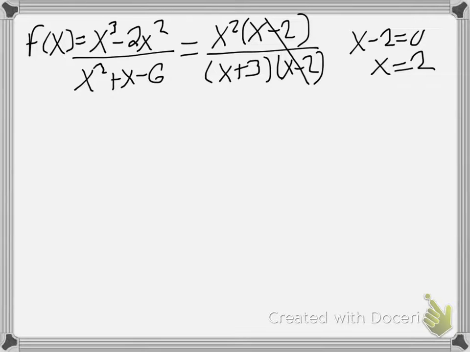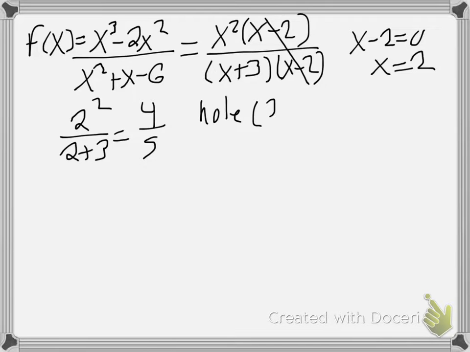I'm going to plug it back into the original function that's already been factored, so I'm going to have 2 squared over 2 plus 3, which gives me 4 over 5. So I have a hole at the point 2, 4 fifths.